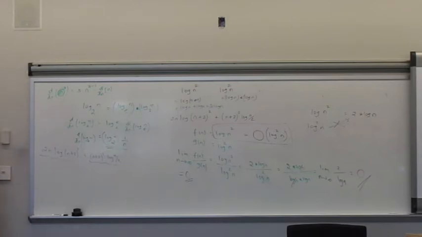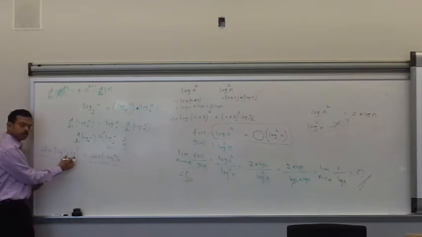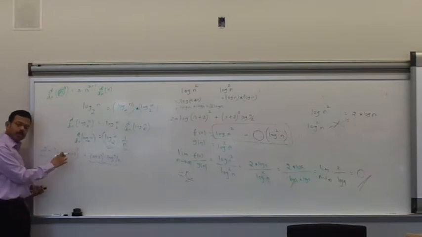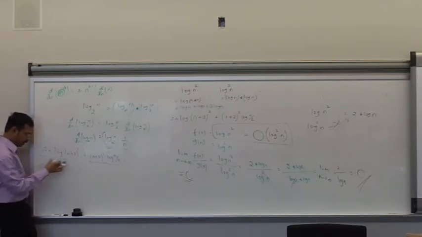So let's try to write this in terms of theta. What can this be written as? This is log n plus 2 squared, right? How can this be simplified? The 2n is as it is. What about log((n+2)^2)?